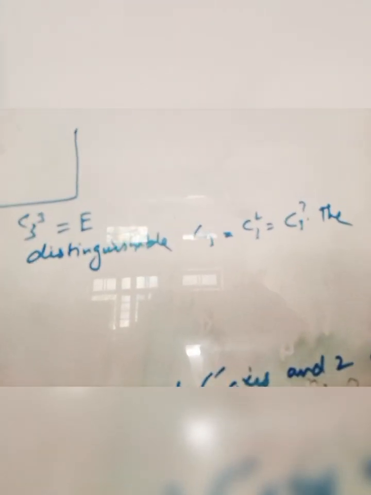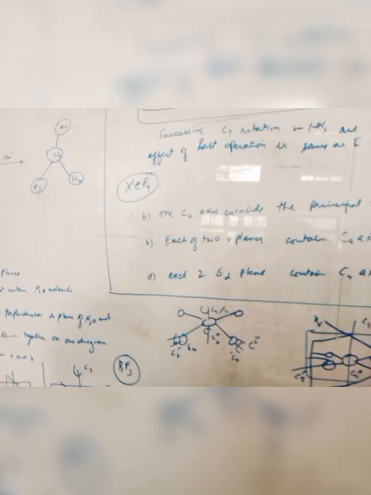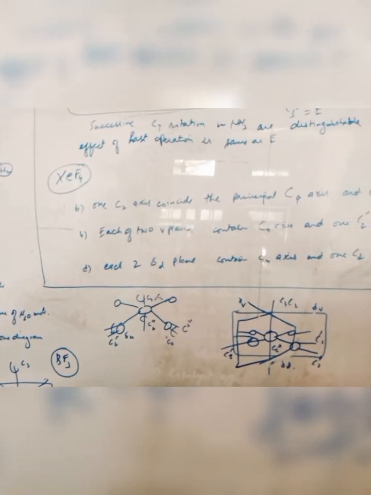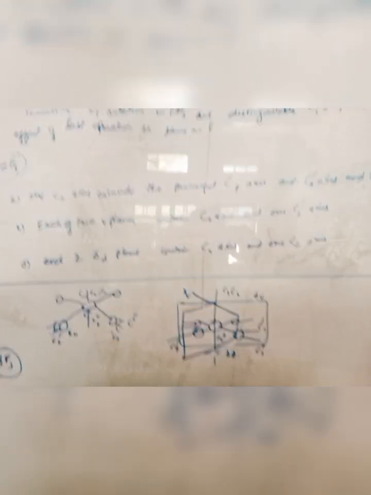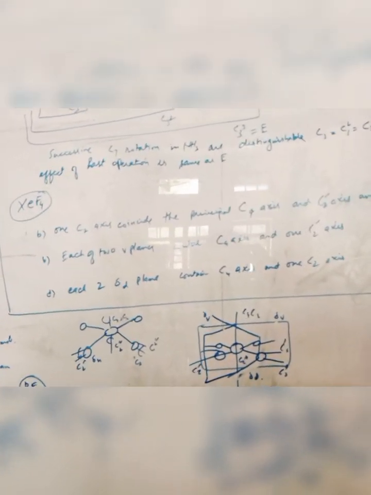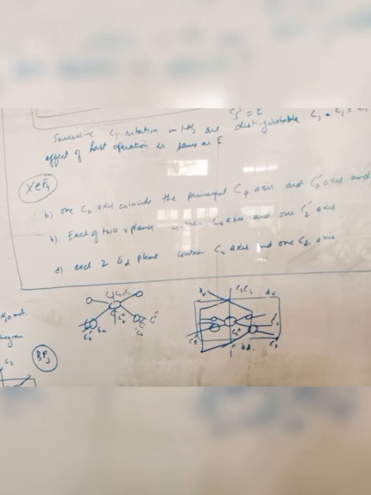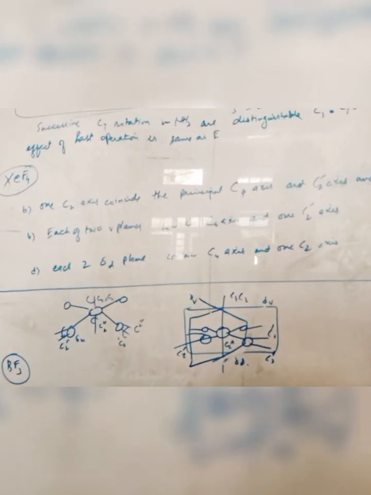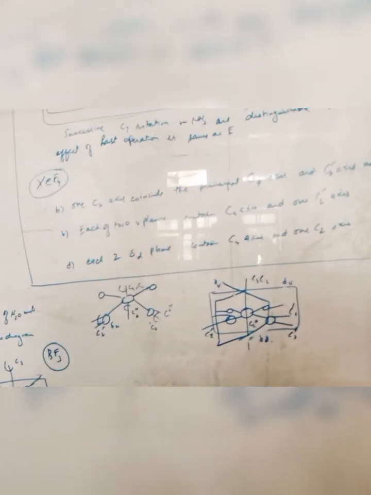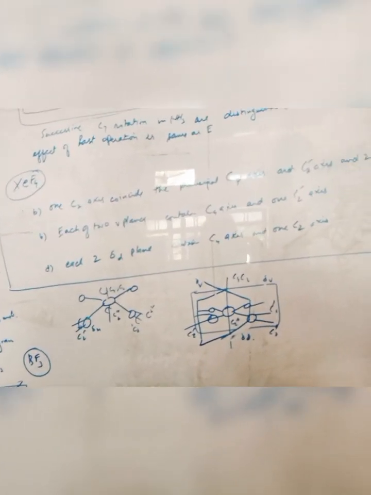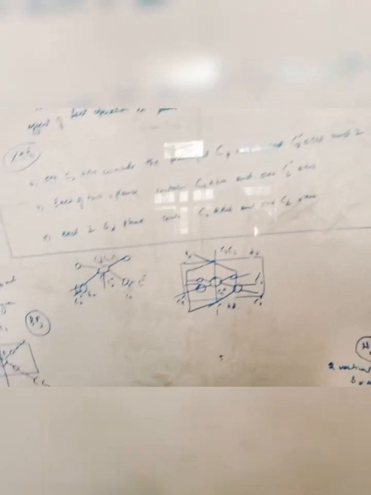So successive C3 rotations in ammonia, where C3 cubed is equal to the identity, you can summarize as C3, C3 squared, C3 cubed. Similarly, XeF4 has one C2 axis which coincides with the principal axis, the C4 axis, and two C2 dash axes, and two sigma d planes. Each sigma d plane contains the C4 axis and one C2 dash axis.